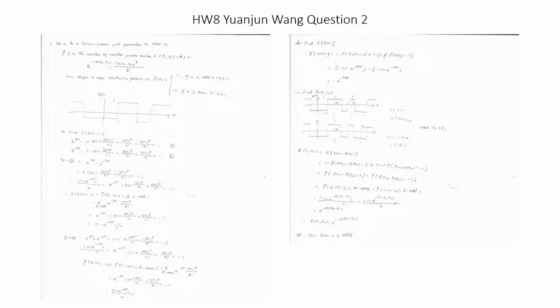So the probability that X of t equals negative 1 is the probability that the count is even in the interval 0 to t. It is equal to the summation over even k of e to the negative lambda t times (lambda t) to the k over k factorial, which is equal to (1 plus e to the negative 2 lambda t) over 2.